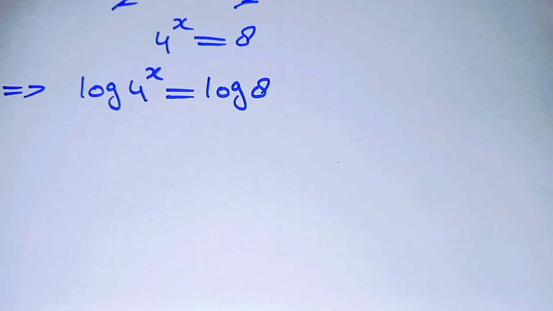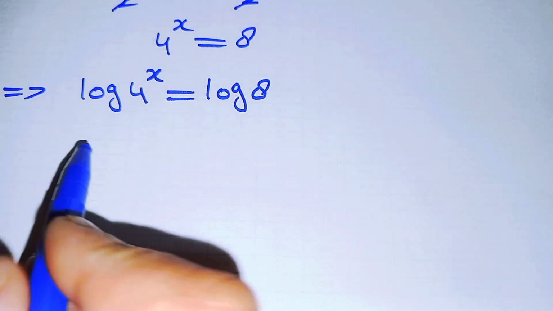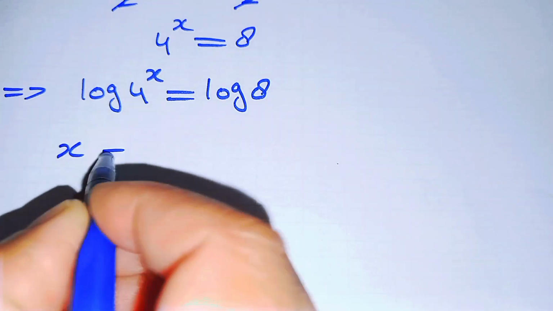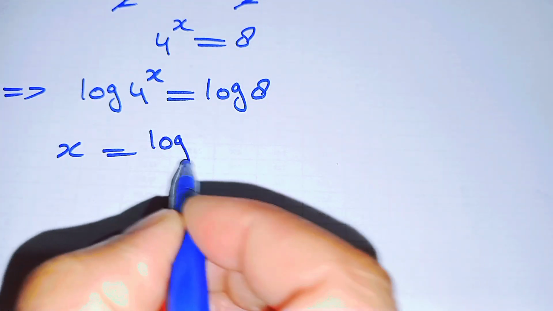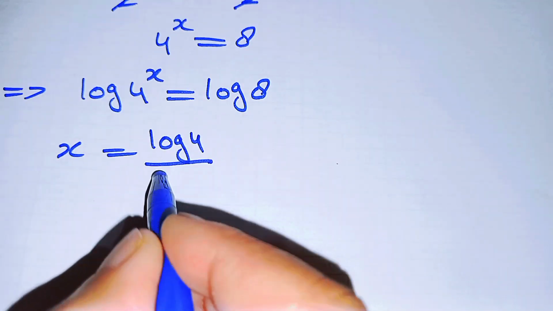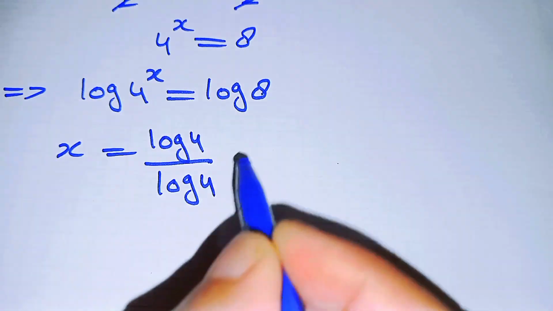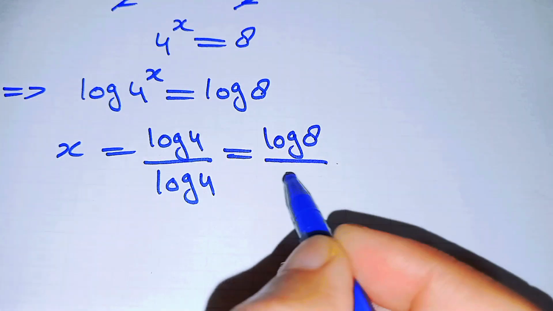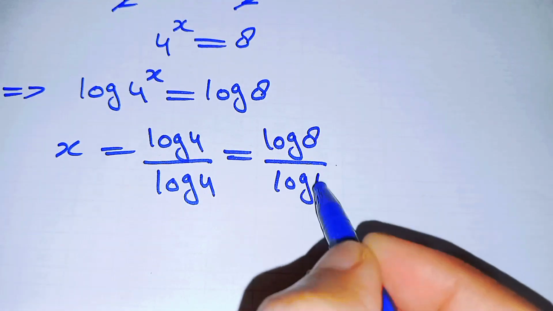Now we divide both sides by log 4, so x is equal to log 8 over log 4.